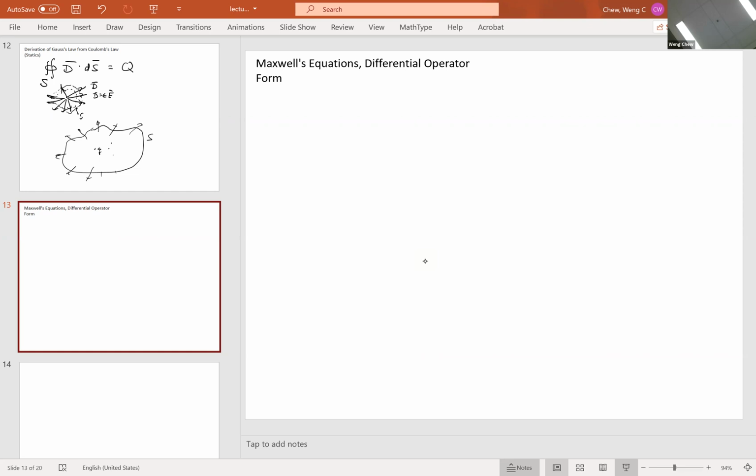So let me just write down Maxwell's equations in integral form, which we have done before. These were originally written by the experimentalists. This is Faraday's law.